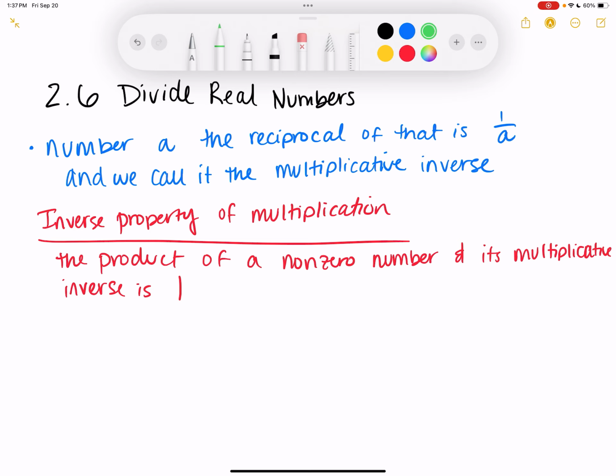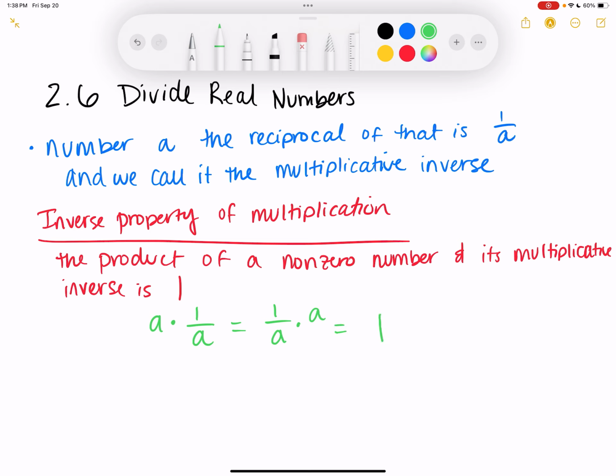So what that's saying is if I multiply A times 1 over A, so A times its multiplicative inverse, which is 1 over A, that would be equal to the same thing as if I have 1 over A times A. And essentially, all that's happening is the A on the top and the bottom are canceling, and I'm left with 1.